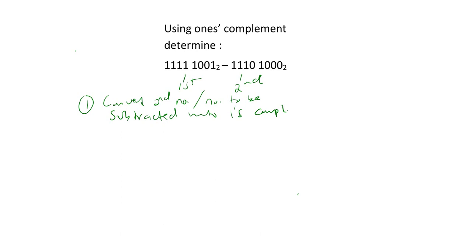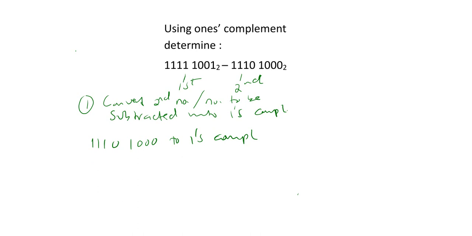So that is to say, we have to take 1110 1000, and we convert it to one's complement. Remember in one's complement, you flip the bits, or you take the opposite of every bit.